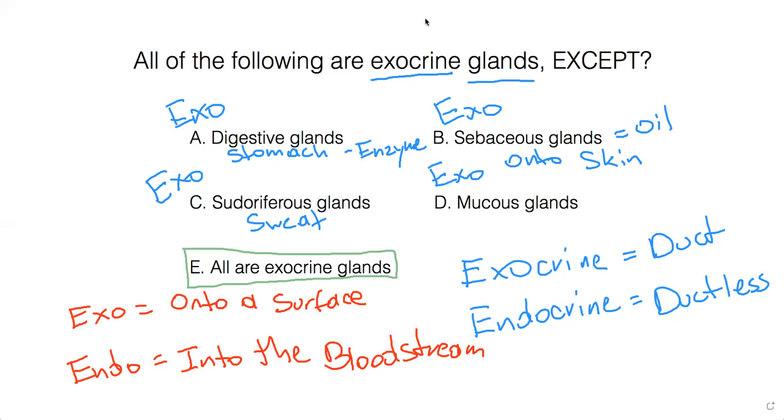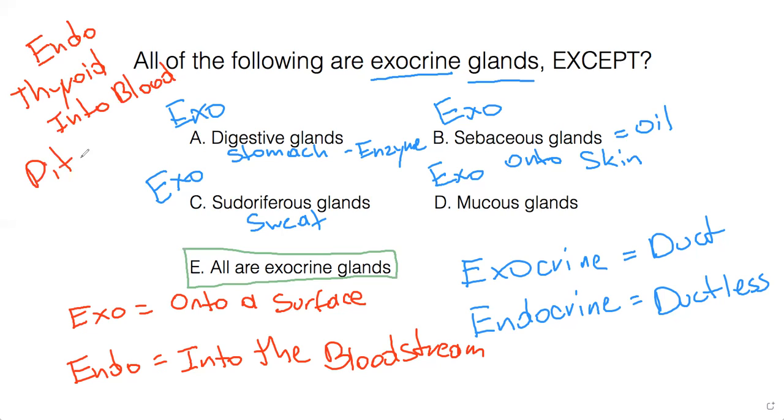Now, let's say you see a question similar to this, but there's some switches in the information. Maybe someone says, thyroid gland. Okay, the thyroid gland is going to be releasing its product, hormones, into the blood, right? Into the blood there. And that tells us that thyroid is endocrine. Maybe there's going to be pituitary gland. Pituitary, there we go, right?